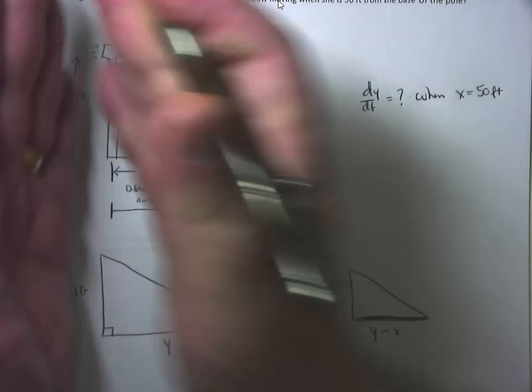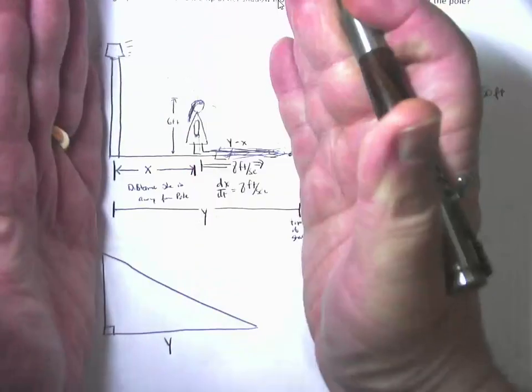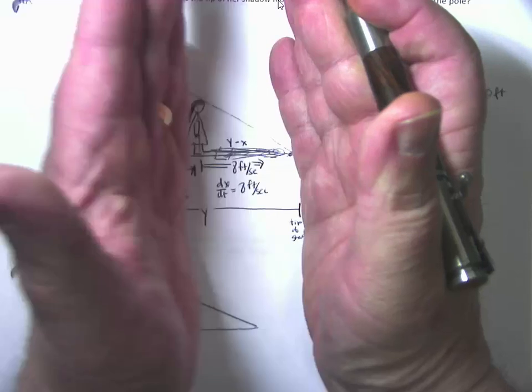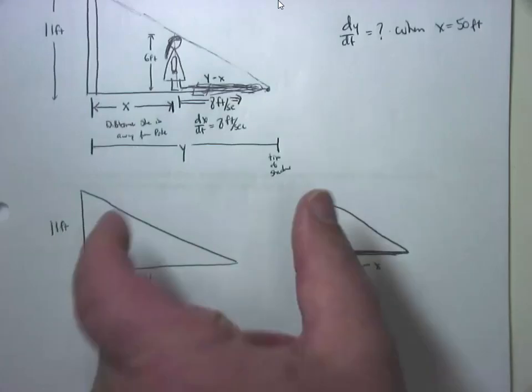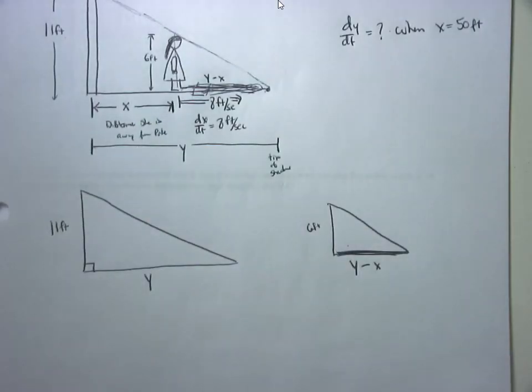The x was how far she was away from the pole. Y was the total distance, which is what we're interested in. But the actual distance of her shadow at that moment is y minus x. Now, because you do not have the hypotenuse, but you've got 2 triangles, this is called similar triangles.